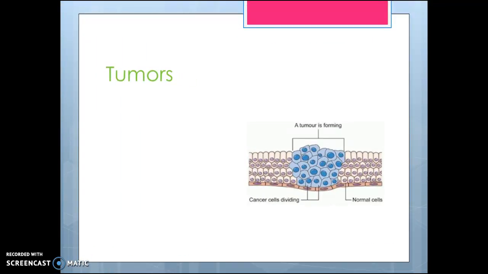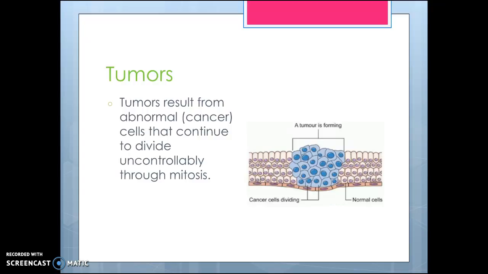Now what happens? Well, you may or may not see a tumor. A tumor results from those abnormal cancer cells that continue to divide uncontrollably through mitosis. They're just doing their own thing, dividing and dividing and not paying attention to what the checkpoints are trying to make them do, which is stop dividing. And you can see in the image over here that a tumor is forming.